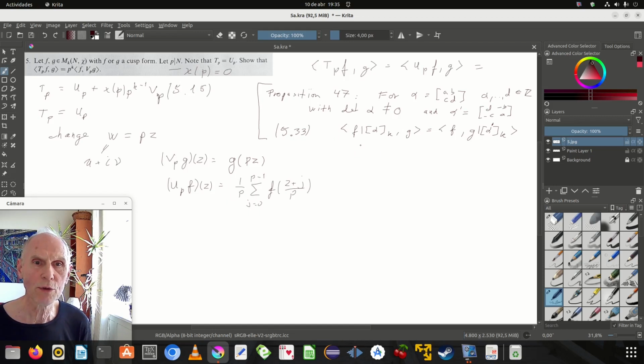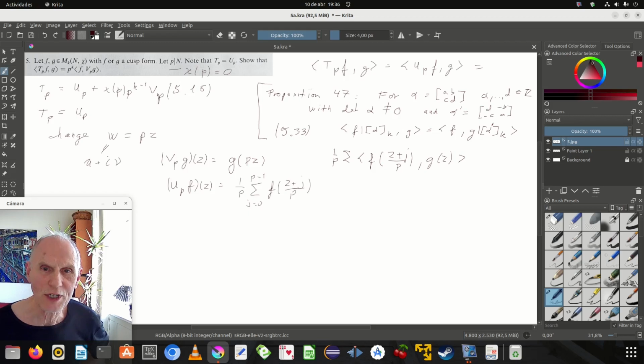U_p we use here. So it's 1 divided by p, f of (z plus j) divided by p, g of z. And now we must do our matrix magic: (1, j; 0, p).